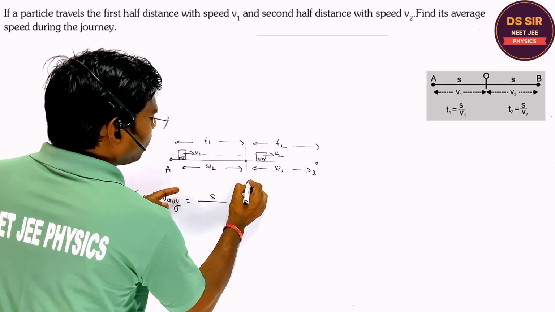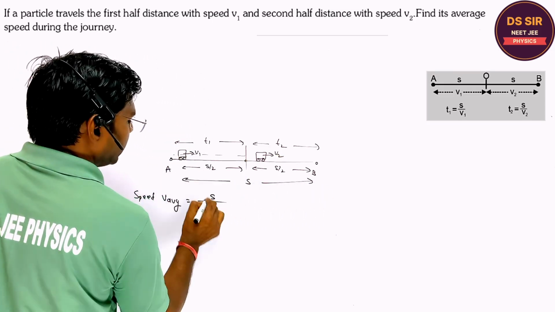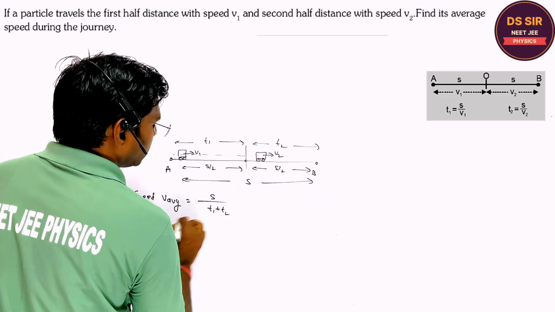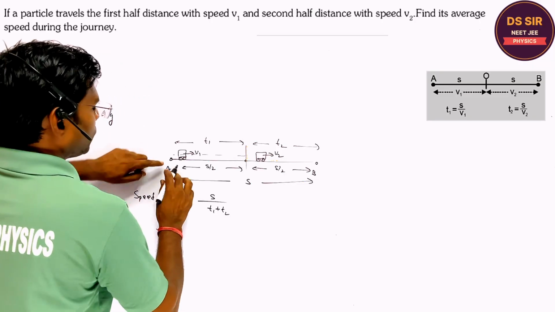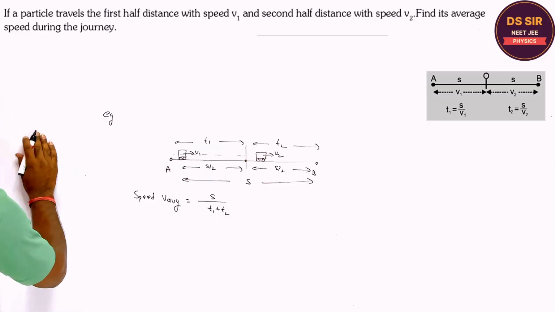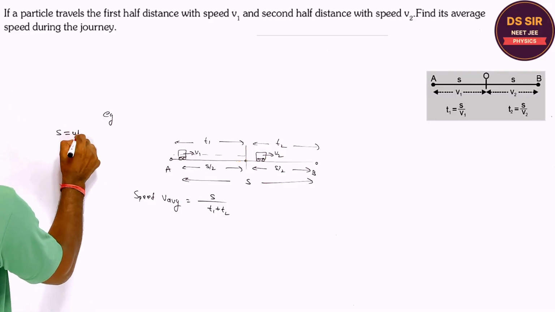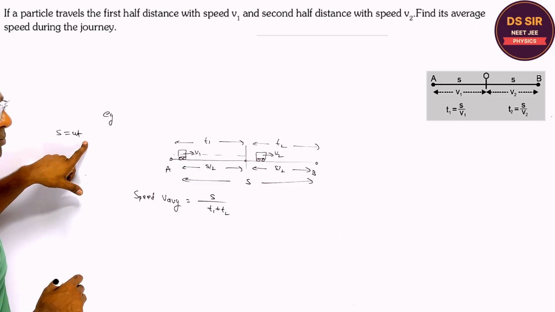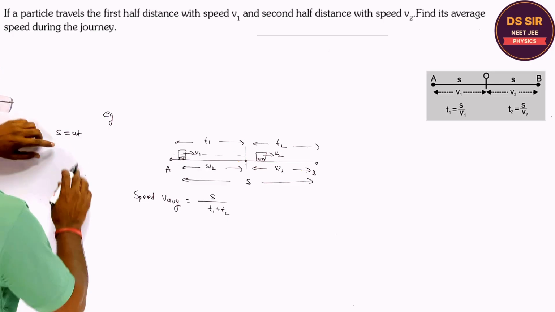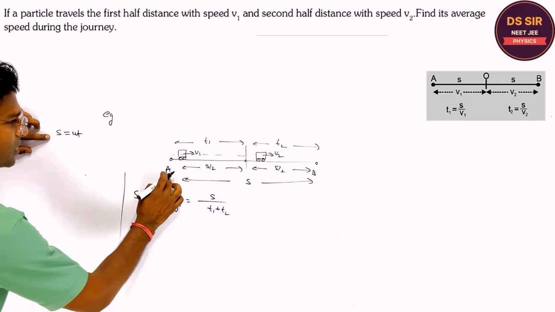So total distance is what? You will say s, and the total time is t1 plus t2. All right. For the first half, listen one thing. s is equal to ut. You understand this thing? Distance is equal to speed into time. So what is the distance for the first half?